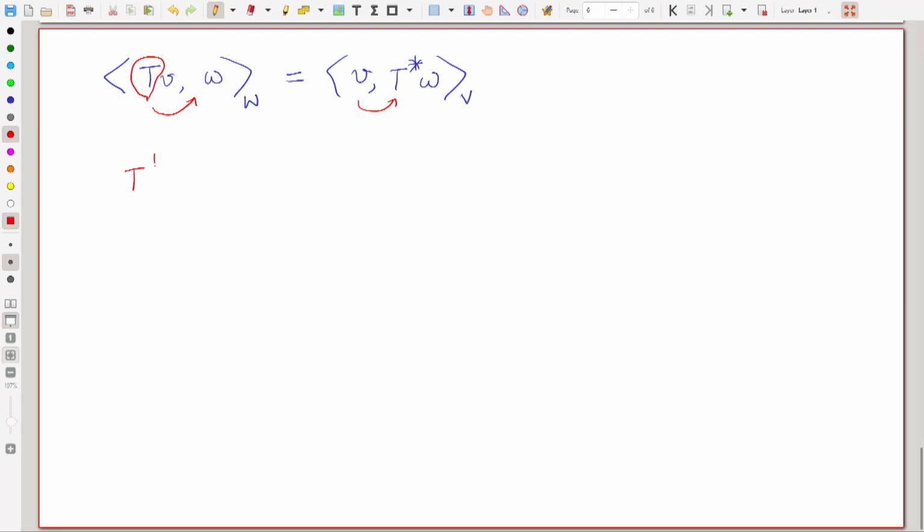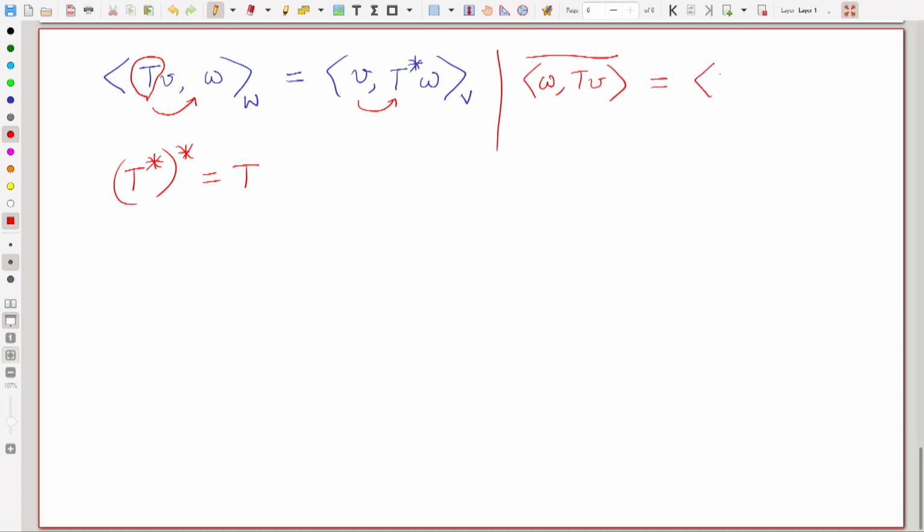Just one more flip will give you back this. So let's show that T** is T. Observe that this original equation can be rewritten as follows. Let me interchange, so I write this as ⟨w, Tv⟩ bar.